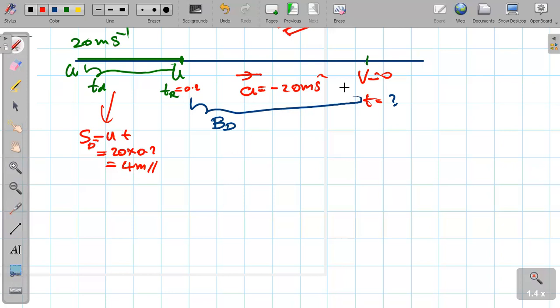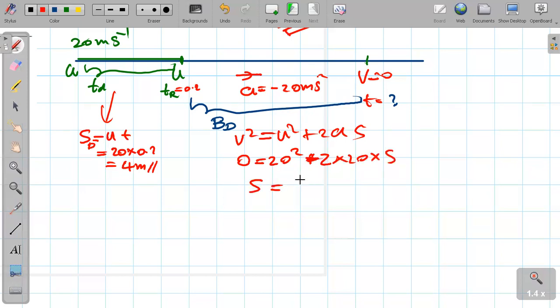Here you have another equation. You don't know the time, but you can use this other equation, u squared equals v squared plus 2as. Here v is 0, u is 20 ms minus 1, squared, equals minus, given 2 times 20 times displacement s.